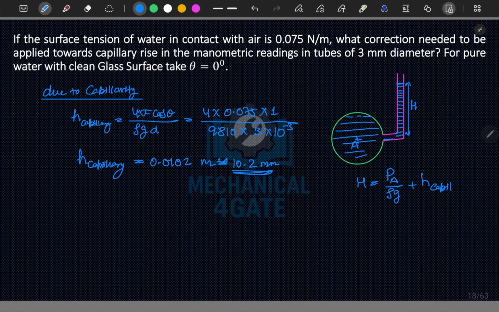So this is your correct reading, and this is the reading that is showing, the incorrect reading. So this is your correction.